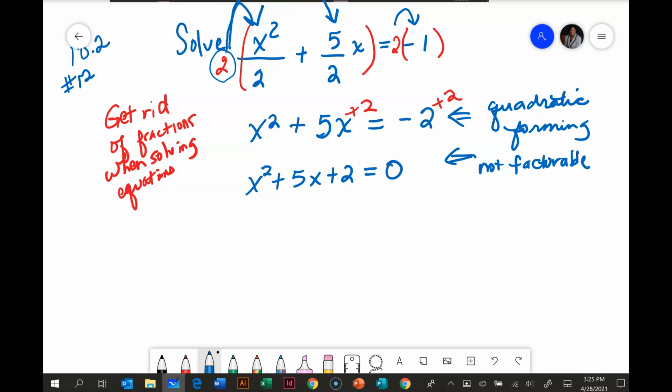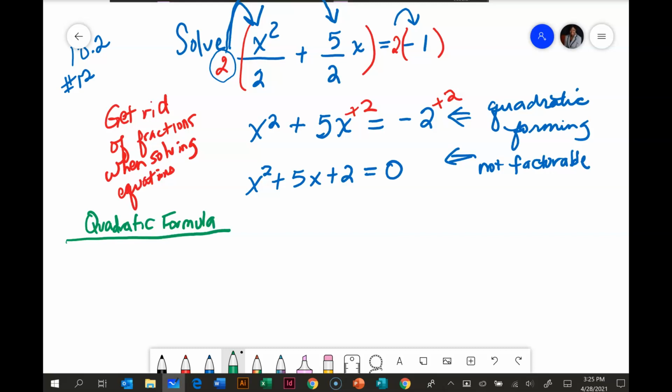One being the quadratic formula. Another one, for example, being completing the square. But you were definitely introduced to the quadratic formula in this class, so we will go through that. So what is the quadratic formula? Hopefully you all know that by heart by now, but I will write it down.